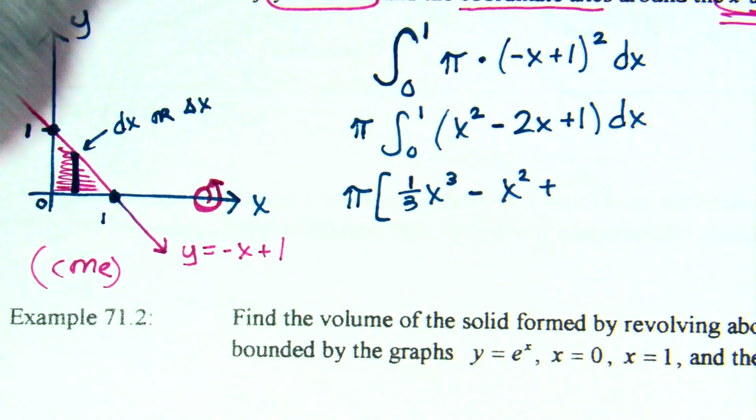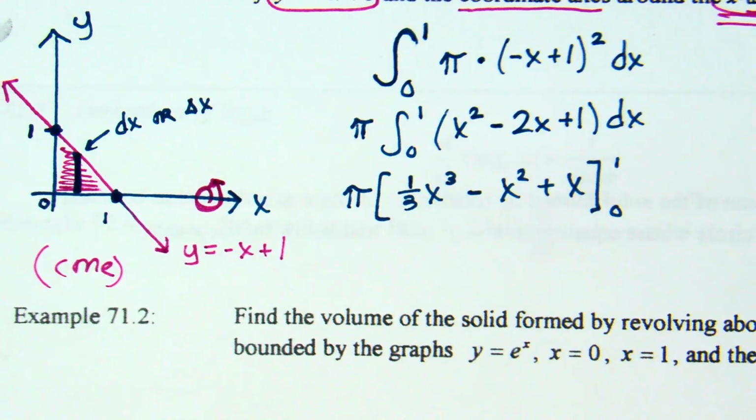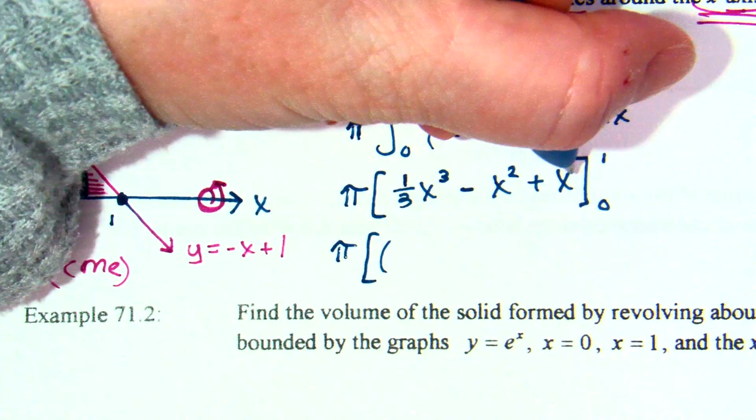So I'm going to keep my pi out front. And the first time through, I'm going to plug in 1. So 1/3 minus 1 plus 1. And then we're going to subtract.